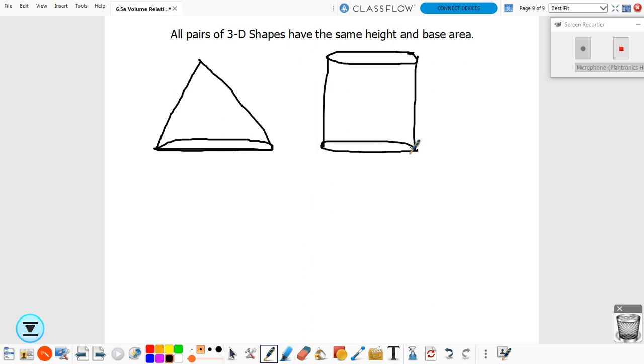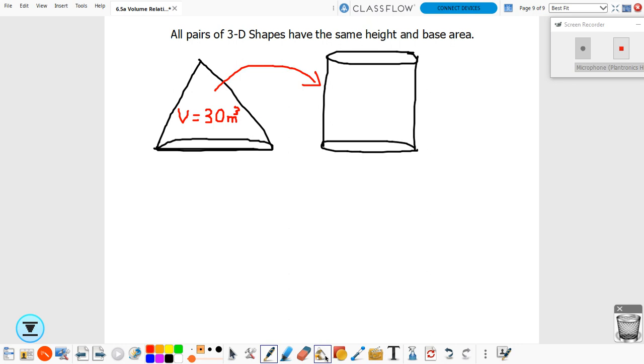That's actually pretty good. So for argumentative sake, say that the volume of this cone is 30 meters cubed. If that's the case, then what is the volume of a cylinder with the same base area?